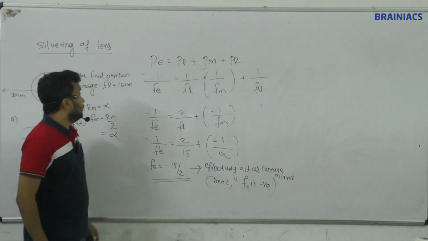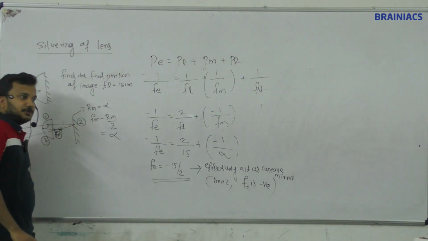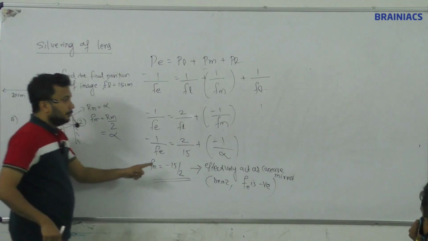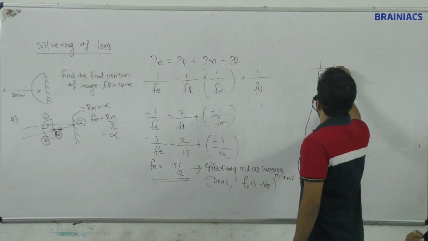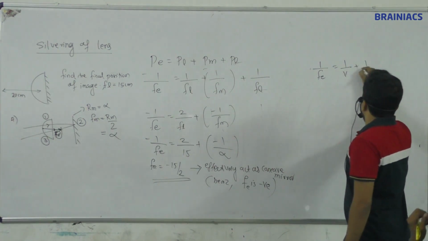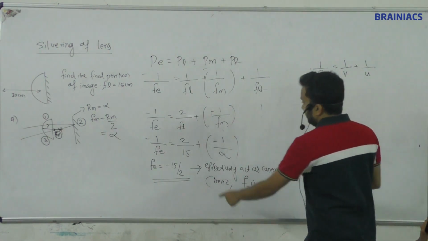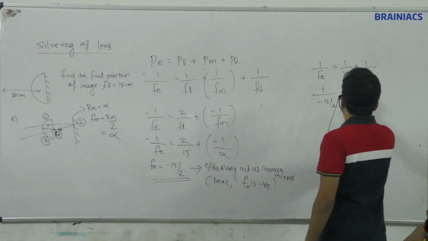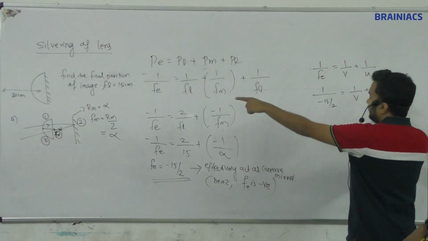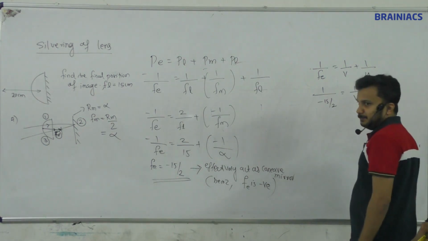Okay, now next we want to find the position of the image. Since it is a mirror, I can apply the mirror formula. What is the mirror formula? 1 by Fe equals 1 by V plus 1 by U. 1 by Fe is minus 1 by 15, and U is minus 20.